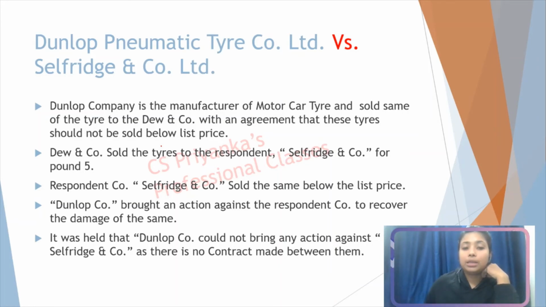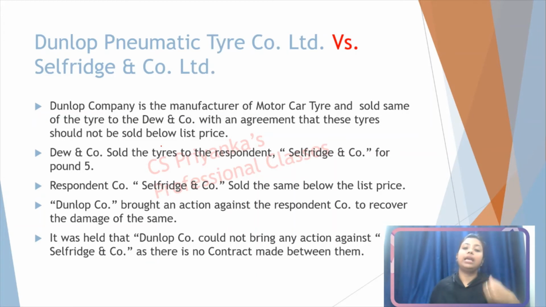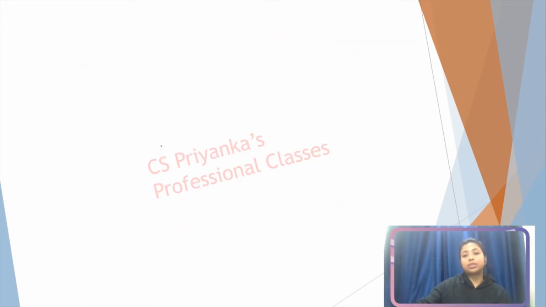The respondent company, that is Selfridge and Company, sold the same below the list price. Dunlop Company brought an action against the respondent company to recover the damage. It was held that Dunlop Company could not bring any action against Selfridge and Company as there is no contract made between them. So let me explain this case in the next page.